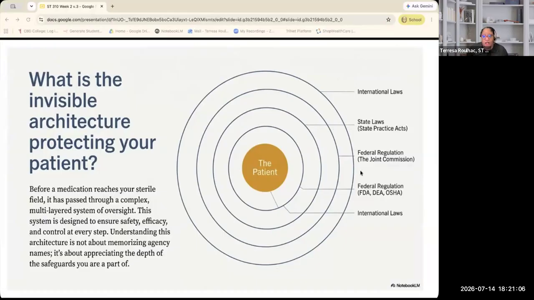Looking at all of these safety layers, why do you think medication safety isn't left to just one person or one step? That's a good one.